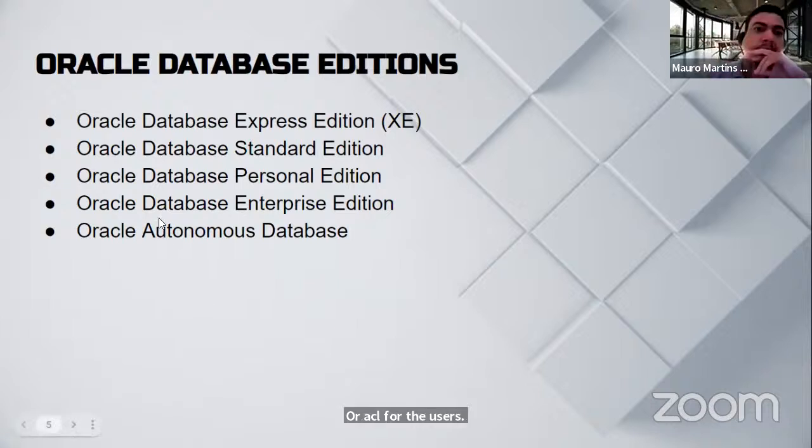Okay. Oracle Database Standard Edition is an entry edition for companies. This edition is strong, but doesn't have the features of Enterprise Edition. Oracle Database Personal Edition is the same as Enterprise Edition. It has all the features that are in Enterprise Edition.